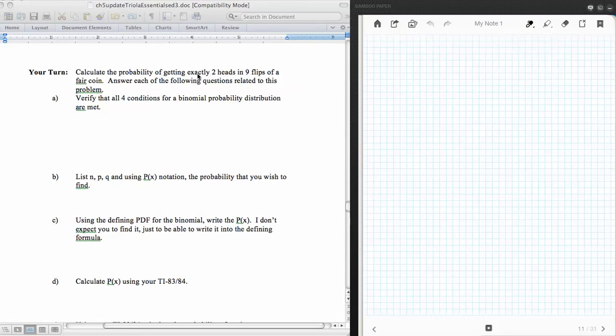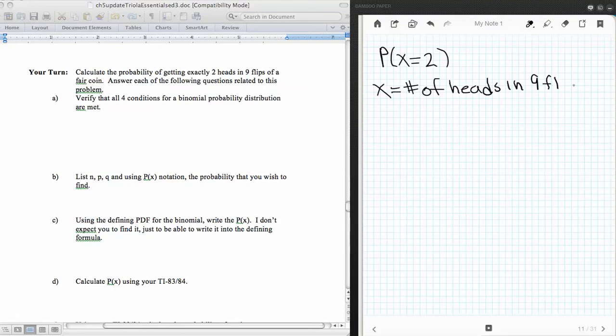So if I want exactly 2 heads in 9 flips of a coin, that would be the probability that x is equal to 2, where x is the number of heads in 9 flips.